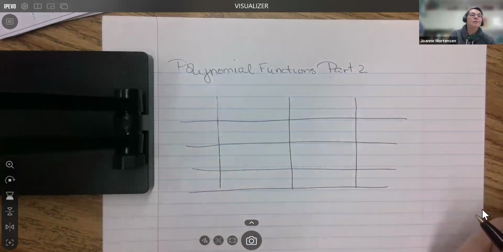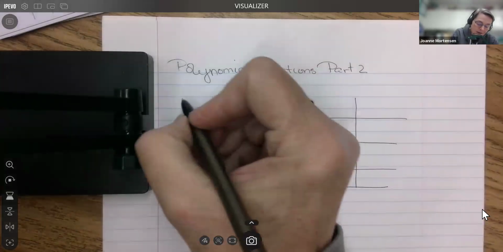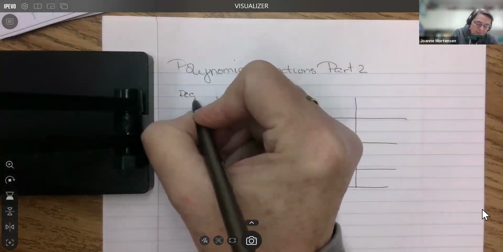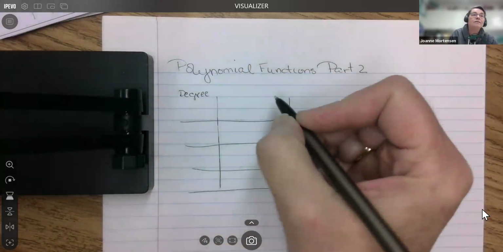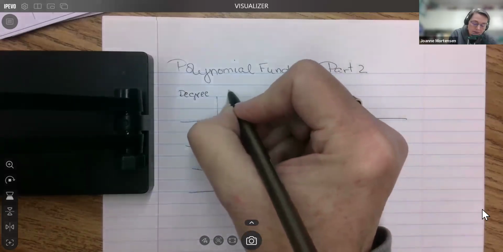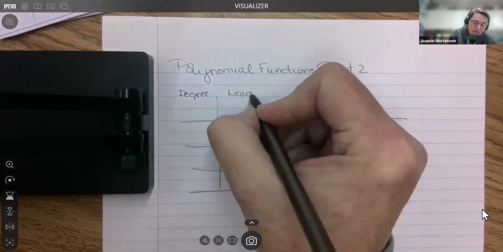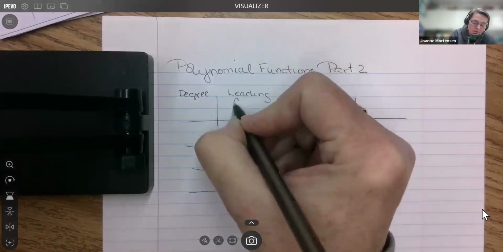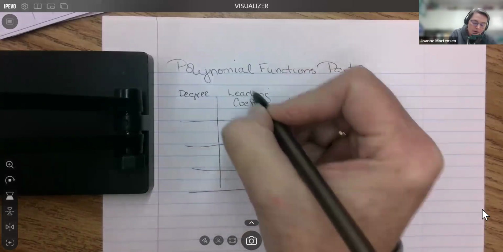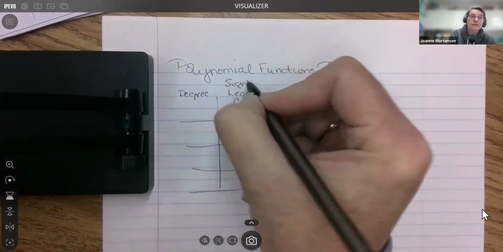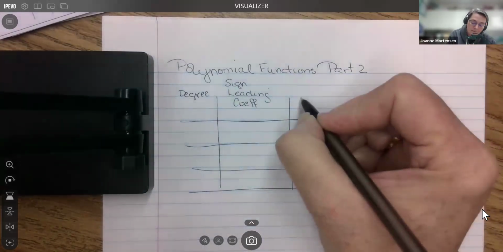I'm just going to look up at the board to see what I had to do. It's a degree, the same one we have. Leading coefficient, and it's actually the sign. I don't care what the number actually is. And my visual aid.